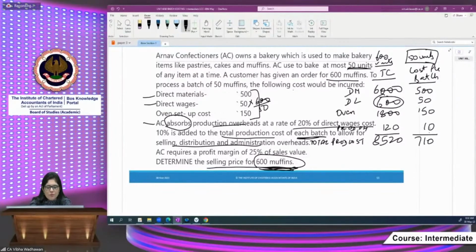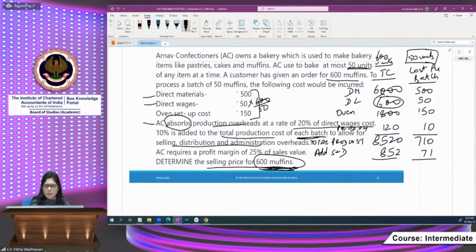Now, what you have to do now, 10% you have to add for selling and distribution and administration. 10% of production cost, 852 and 71.